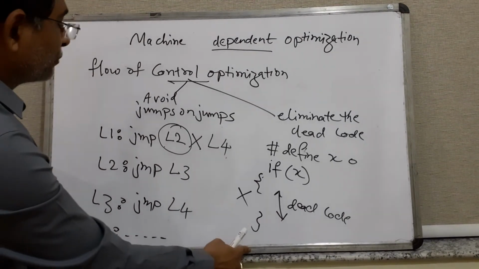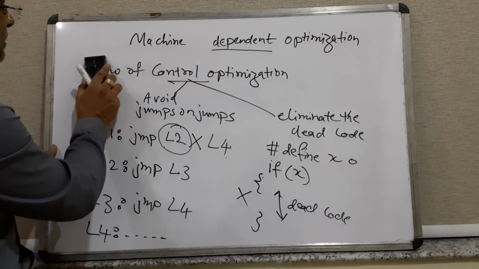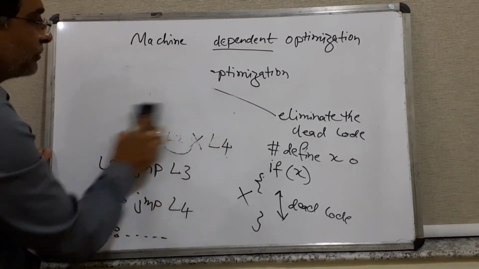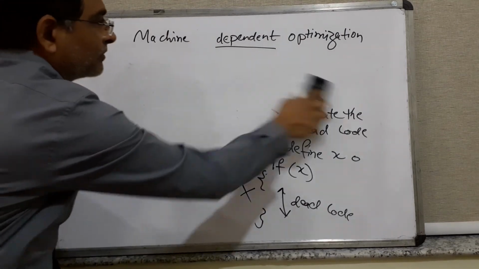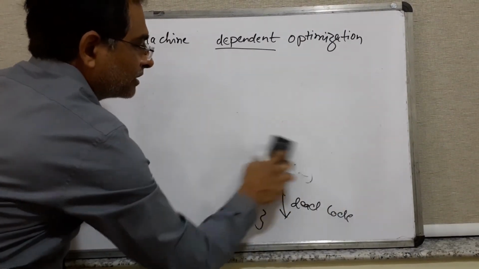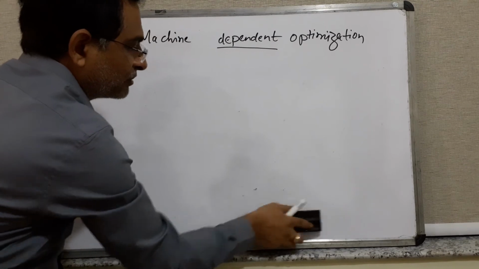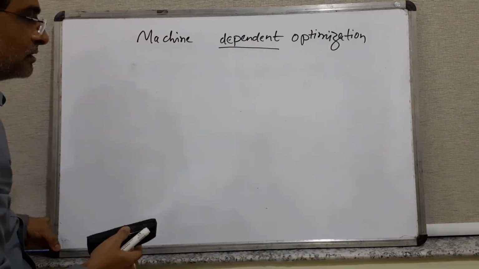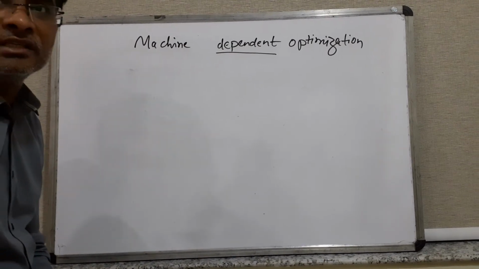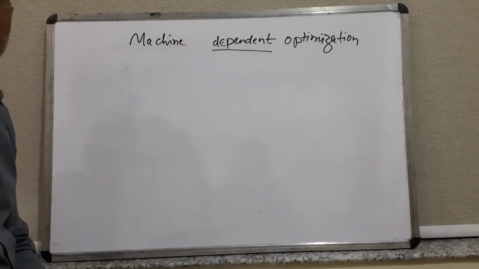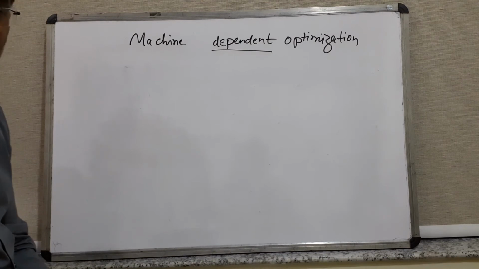We'll look into the use of machine idioms and then we'll conclude. So what is use of machine idioms? Normally we have a high level language, where all the code is written with high level language constructs. But when we talk of machine, things are executed with the help of instructions, right?